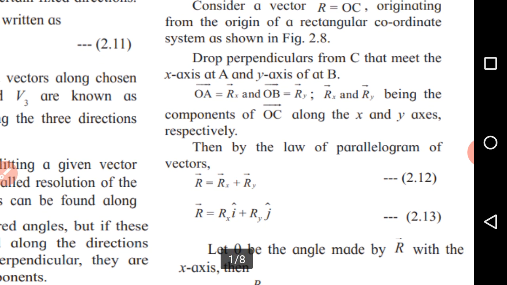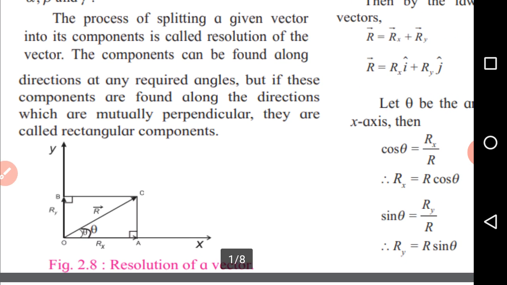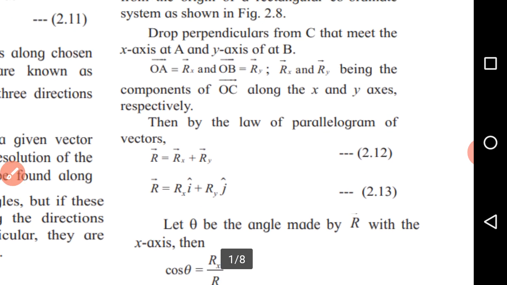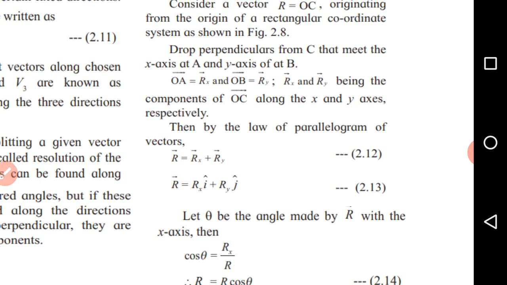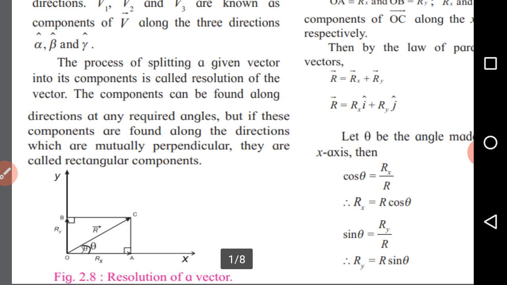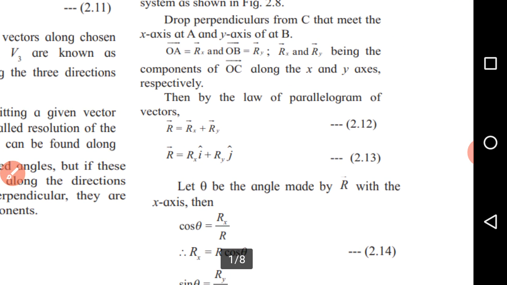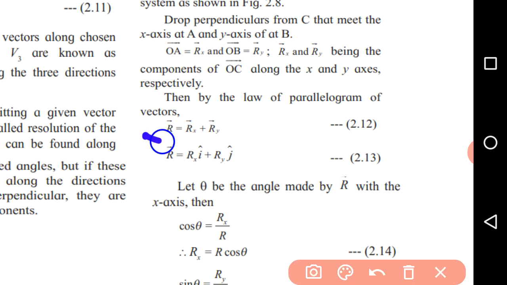Then we drop the perpendicular from point C to OA at point A. Then OA is equal to Rx, and OB is equal to Ry, being the components of vector OC along the x and y axes respectively. Then according to the law of parallelogram of vectors, you can write vector R is equal to vector Rx plus Ry.